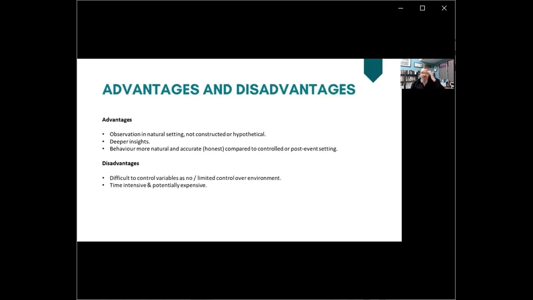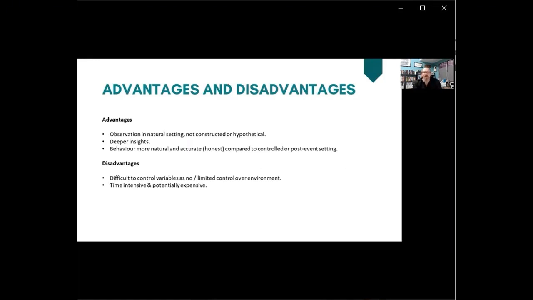Now, there are some advantages and disadvantages to observational research. The advantage is that observation really happens in a natural setting. It's not constructed, it's not hypothetical. So you're getting gut instinct response or gut instinct behavior, or closer to gut instinct behavior, natural behavior.